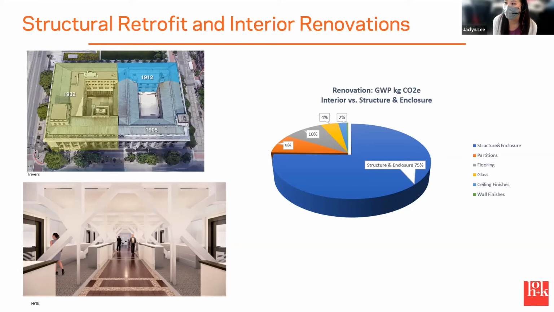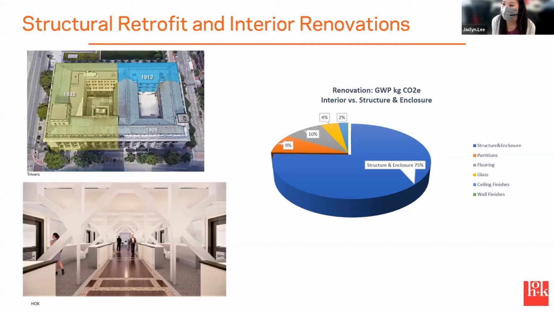When we compare that to the interiors, typically we don't look at interiors, especially for LEED. It's now coming more into the market in terms of analyzing interior products. For this particular study, we did look at interior renovations because they essentially gutted out the building and put in all new finishes. So we really also wanted to look at how those interior finishes stack up to the actual structure.